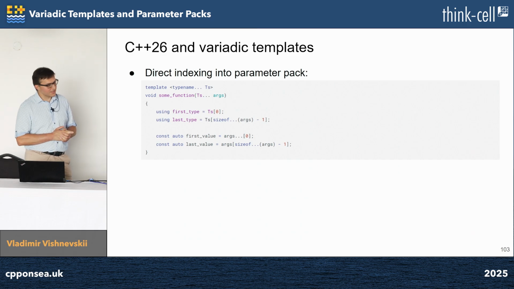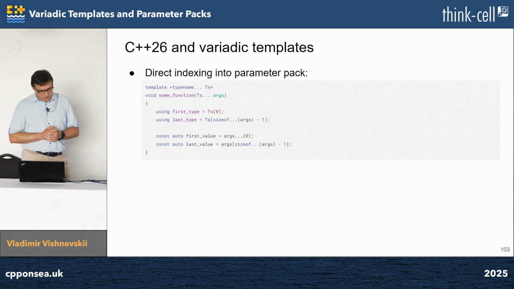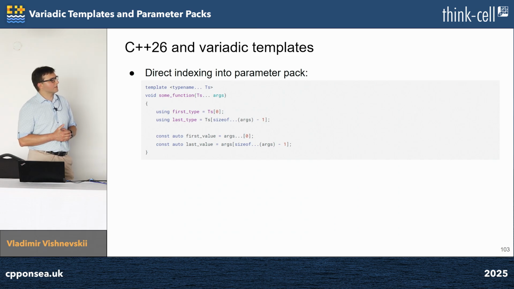Okay, now a bit about the bright future. C++26 will also introduce some more facilities to handle parameter packs. We will have direct indexing in the parameter pack. This is quite an interesting feature. Probably not for daily usage, I think, but at the same time, there are applications where it can be necessary.